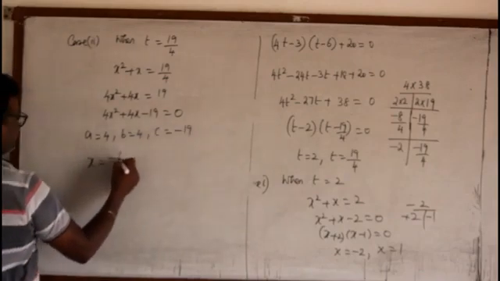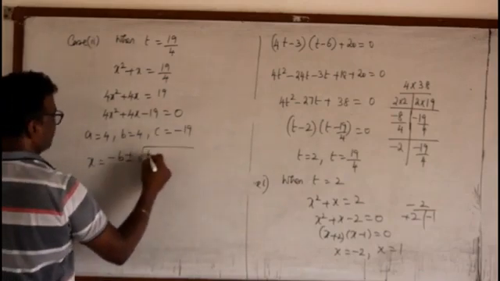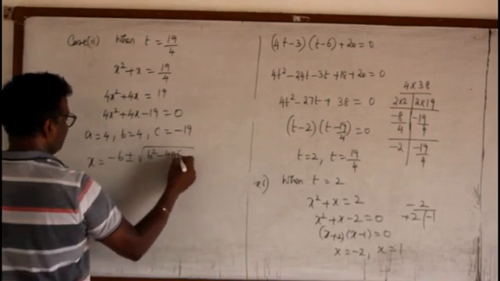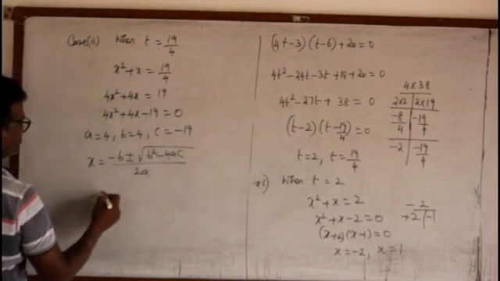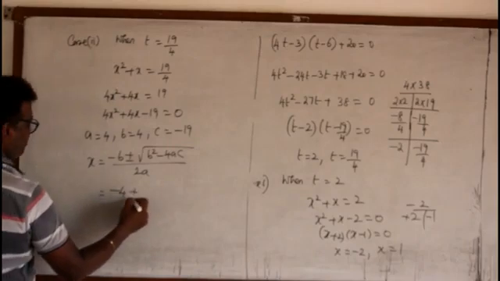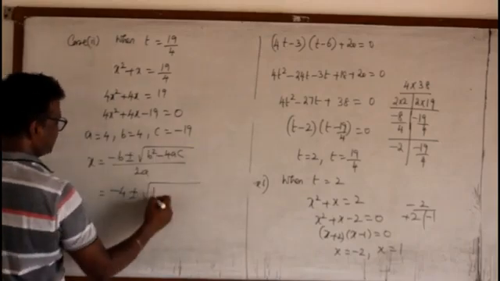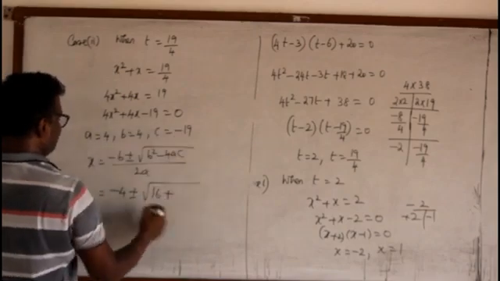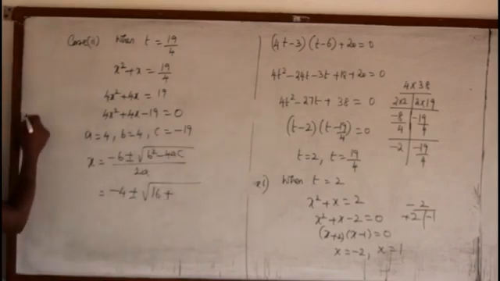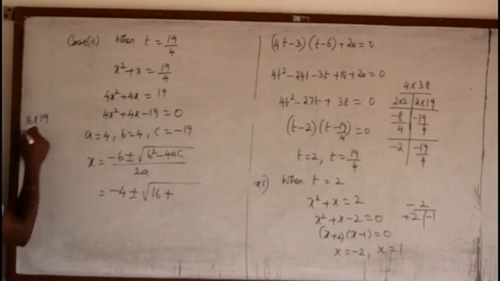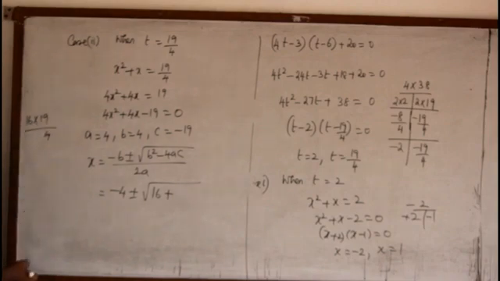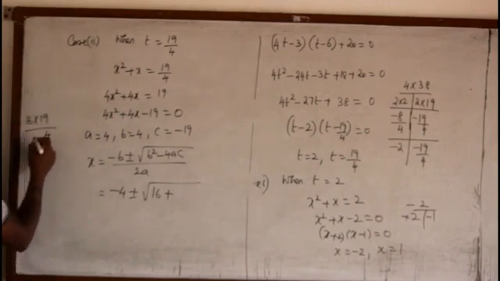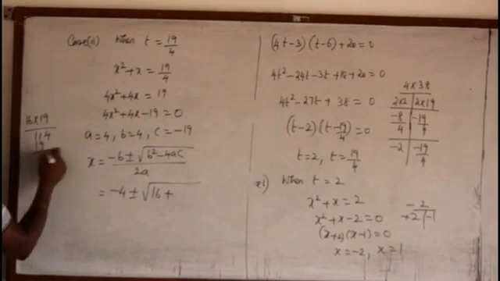Therefore x equal to minus b plus or minus root of b square minus 4ac, whole divided by 2a. Minus 4 plus or minus root of b square, which is 16, minus into minus will become plus 4. 4 4s are 16 into 19. 6 9s are 54, 6 1s are 6, 6 plus 5 is 11, 19.